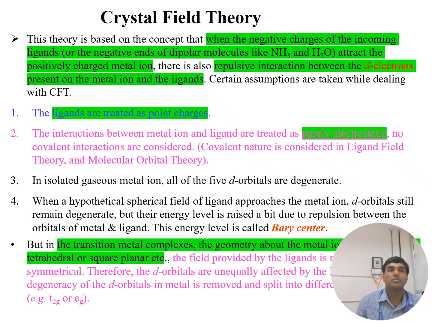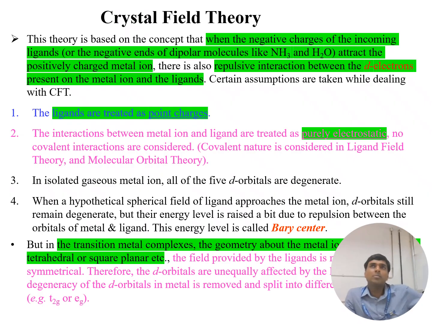So it will have a certain barycenter. Barycenter means that when the ligand approaches the metal ion, the energy level of the d orbitals goes up, and that's called the barycenter. Now there are two options out of the five d orbitals. The orbitals along the axis, dx2-y2 and dz2, are quite different compared to the orbitals in between the axes, that is dxy, dyz and dzx.